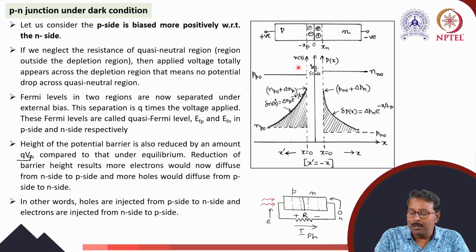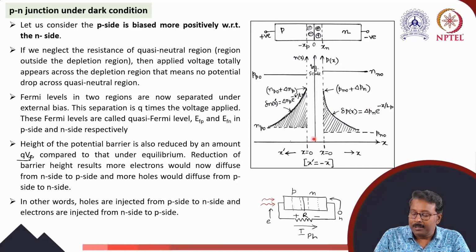Similarly, if we plot the excess minority electrons in the P side, denoted by delta n, this also decreases exponentially with position, and ultimately at a long distance from the junction, it matches the equilibrium value Np0.